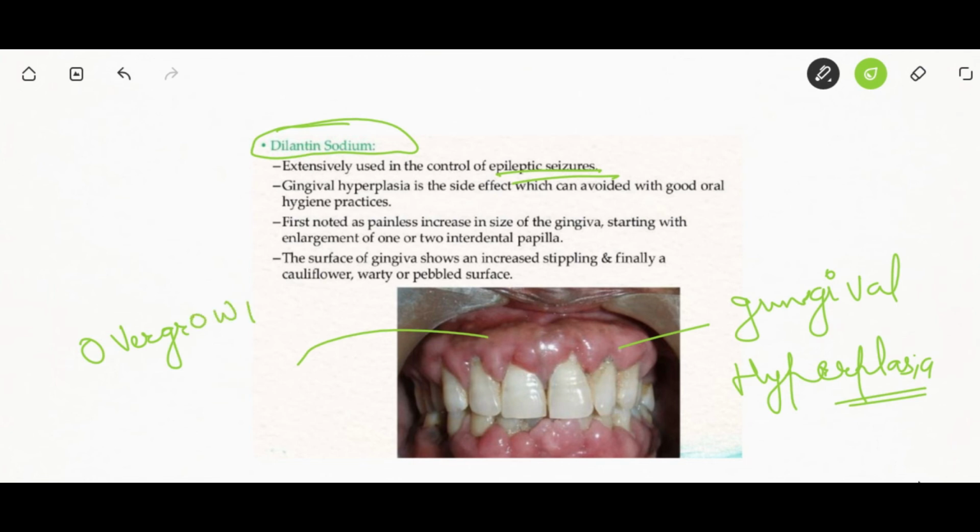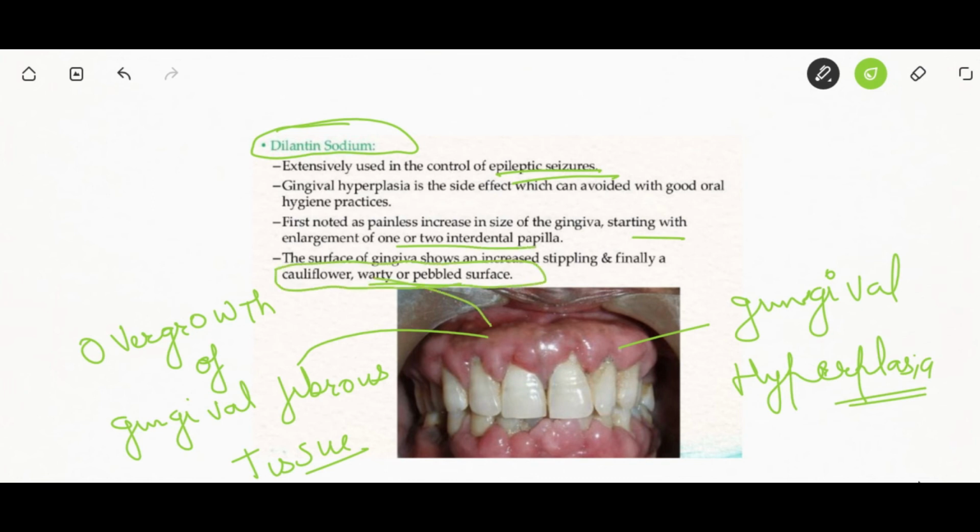The surface of the gingiva will show increased stippling, and there will be cauliflower-like gingival tissue that is lobulated, and clefts remain between each enlarged gingiva. On palpation, you will see that the tissue is dense, resilient, and insensitive.